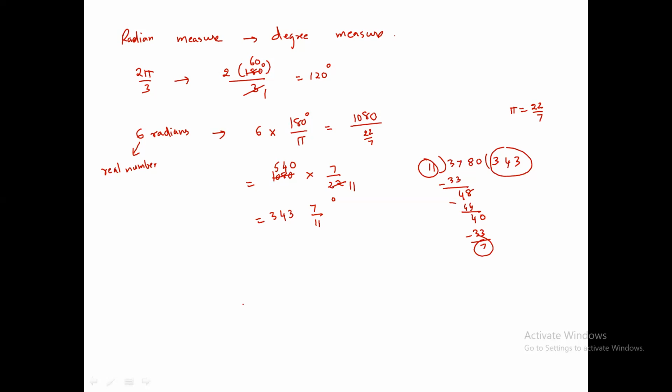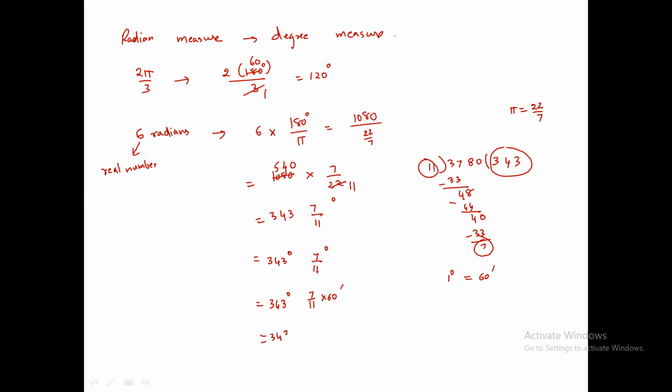And now if you want to simplify further, 343 degrees 7 by 11 degrees. Now this 7 by 11 degrees we will change it to minutes. To change it to minutes, 1 degree has 60 minutes. So you have to multiply 7 by 11 with 60 so that it will convert it into minutes.